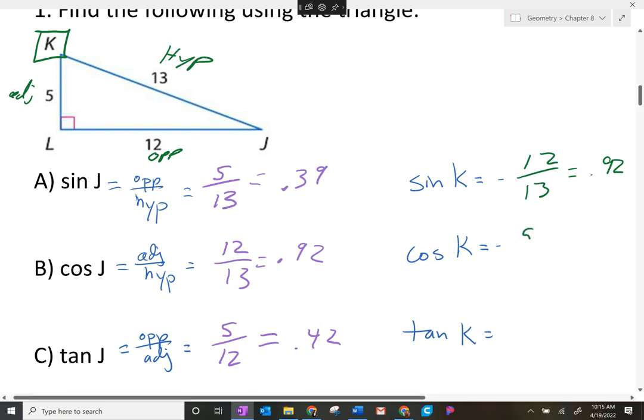So I will have 5 over 13. As a decimal, that'll be 0.39. And then finally, tangent of K is going to be my opposite over the adjacent. So I have 12 divided by 5. That one gives me 2.4.